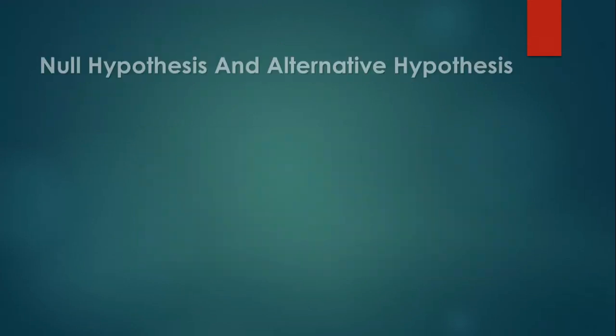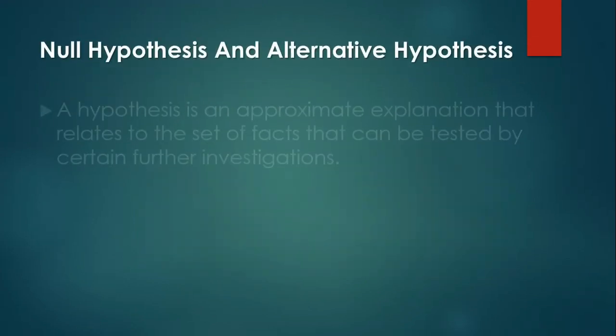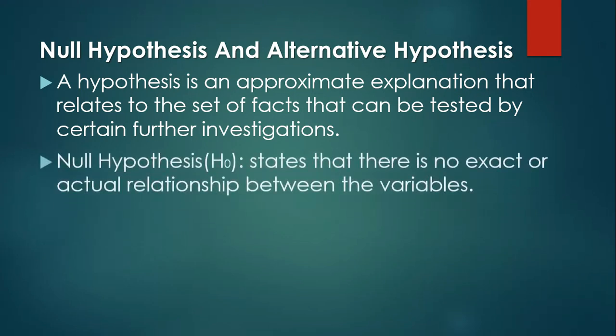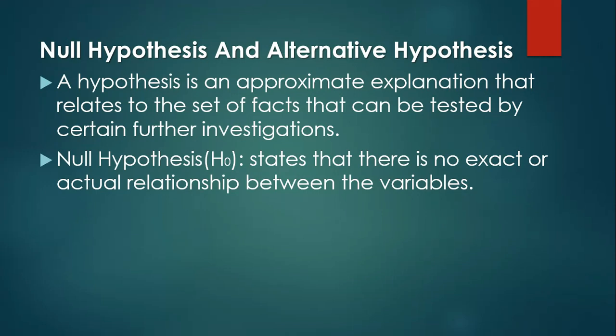First one, we will discuss null hypothesis and alternative hypothesis. A hypothesis is an approximate explanation that relates to a set of facts that can be tested by certain further investigations. There are basically two types, namely null hypothesis and alternative hypothesis. These hypotheses provide the researcher with some specific restatements and clarifications of the research problem.